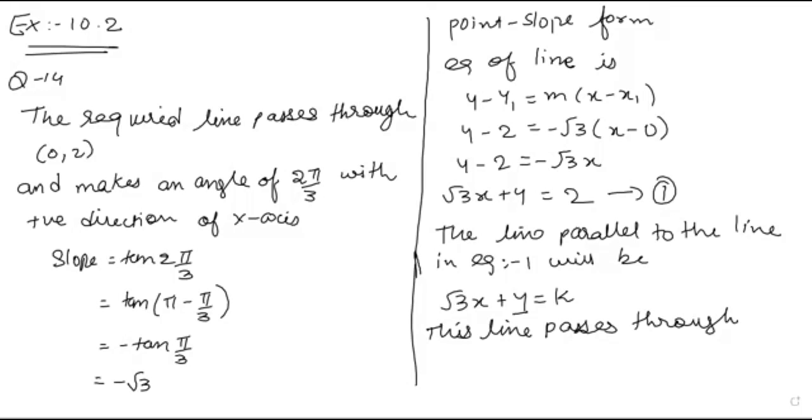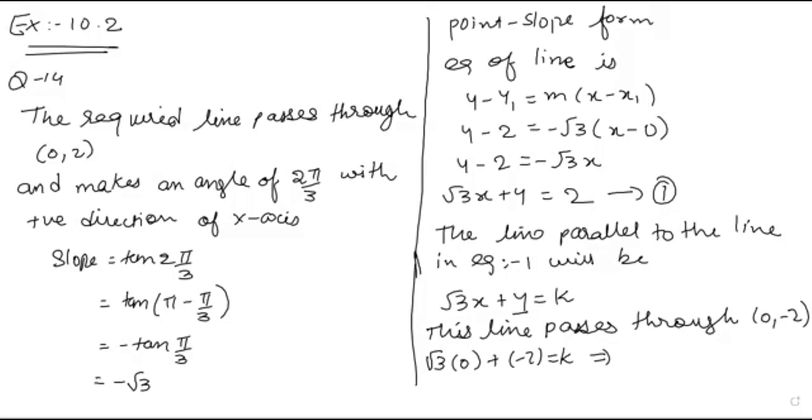It is given that the required line passes through (0, minus 2). It is given that crossing y-axis at a distance of 2 units below the origin. As it is passing below the origin, the coordinate will be negative. So the required line passes through (0, minus 2). So I can keep x is equal to 0 and y as minus 2 to find the value of k.